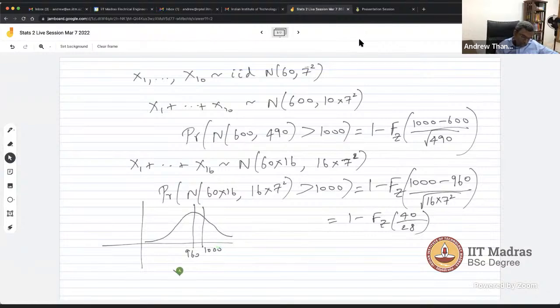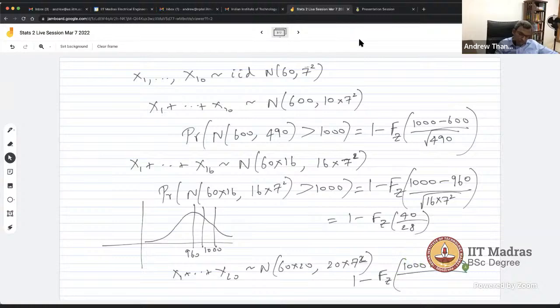If you go x1 to x20, you're going to get normal 60 times 20, which is 1200, and then 20 times 7 squared. So this will go off here, 1200. And when you do 1000 minus 1200, you're going to get 1 minus FC of minus 200 by square root 20 into 7 squared.